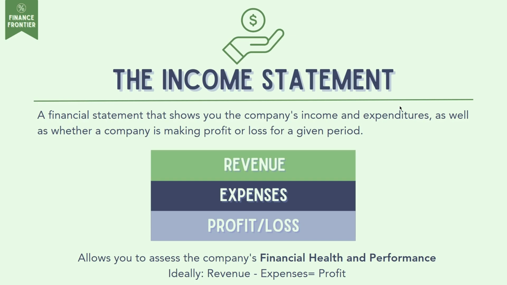So the income statement basically allows you to evaluate the company's financial health and performance, and ideally you should be able to subtract the company's expenses from its revenue in order to understand whether they're making a profit or a loss. As an investor, you will want to buy a stock from a company whose income statement indicates a profit.